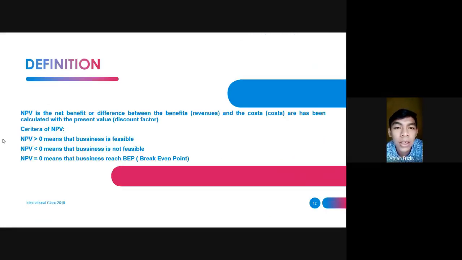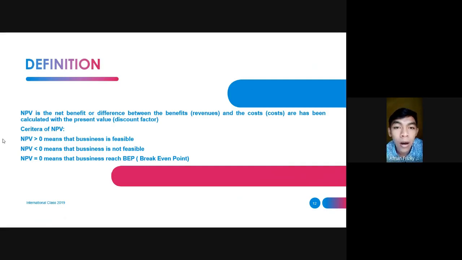First, the definition of NPV. NPV or net present value method is the net benefit or difference between the benefits or revenues and the costs that have been calculated with the present value or discount factor.